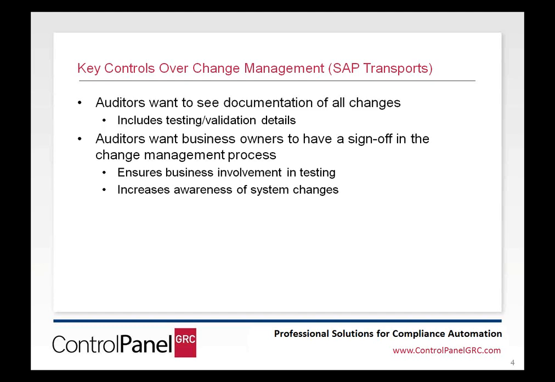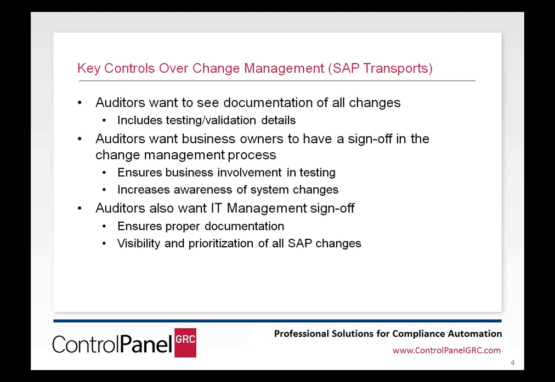As changes are going through your environment, if reports start changing in the production system and the business isn't aware of it, that can lead to some confusion as to what's going on or why a report is working differently than it previously had. The auditors are also wanting to see an IT management sign-off.